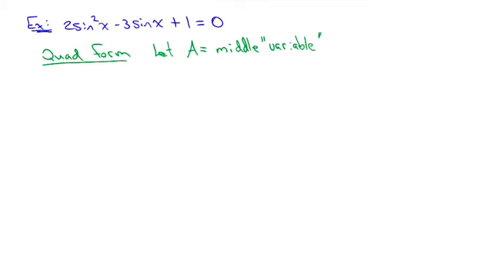So you're going to let A equal sine of x. If you square it, A squared is equal to sine squared x, which happens to be the first variable. So this becomes 2a squared minus 3a plus 1 equals 0. Most people would rather look at it in this form rather than in its original equation. So how do I solve the quadratic equation?